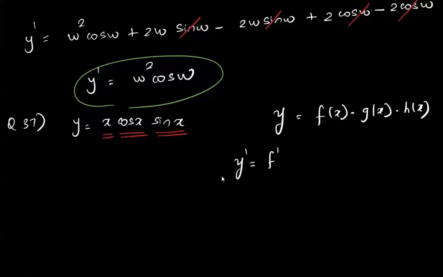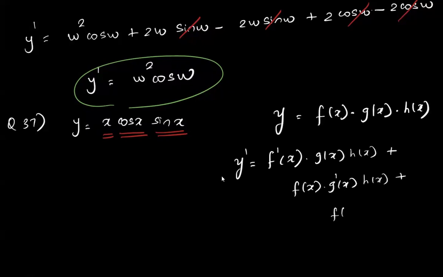So suppose you're taking the derivative of the first one, then keep the second and the third as is, plus then keep the first and the third as is, okay? And finally, keep the first and the second as is and take the derivative of the third. Okay, so this is what you are going to do. And that's what I'm going to do now.